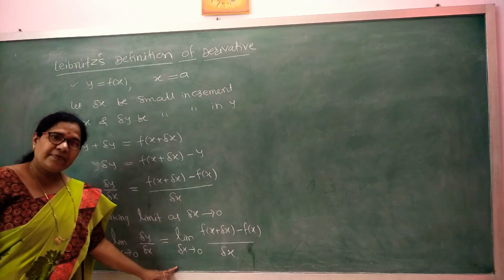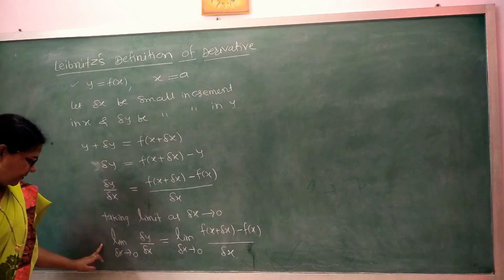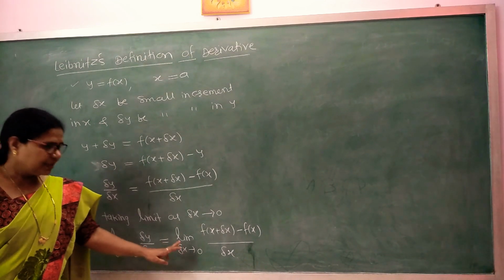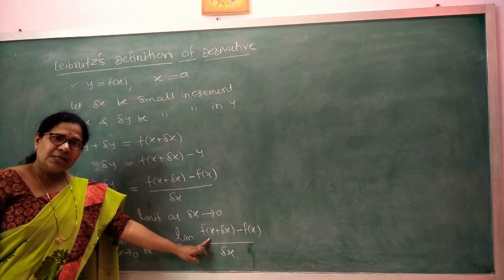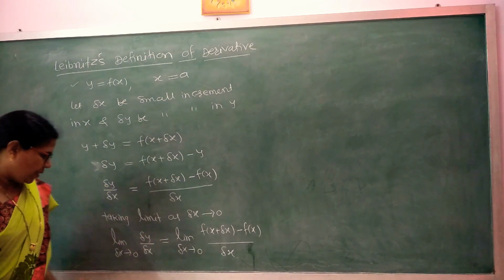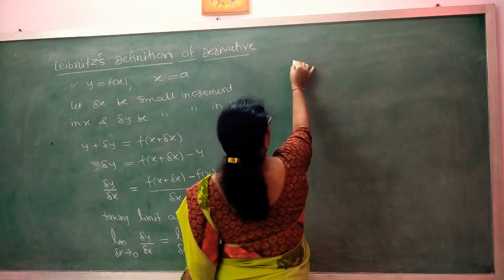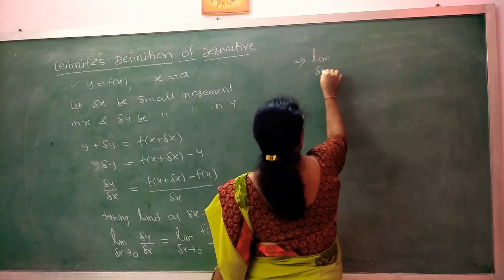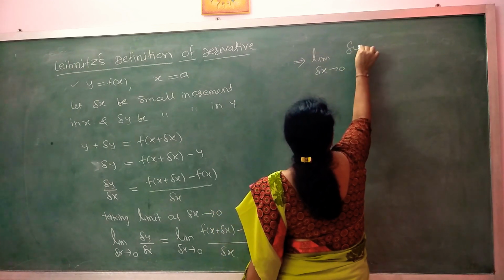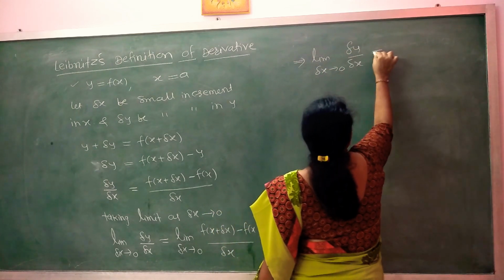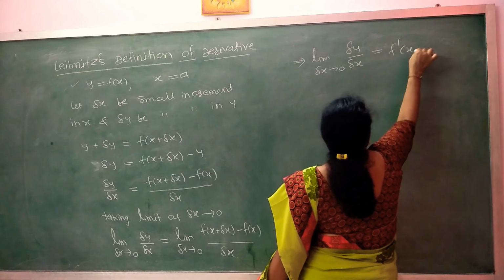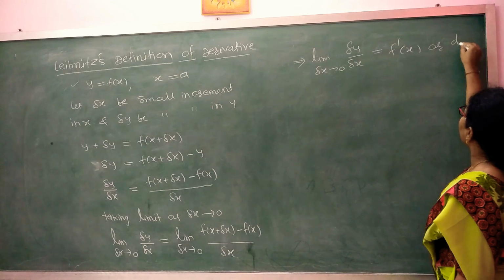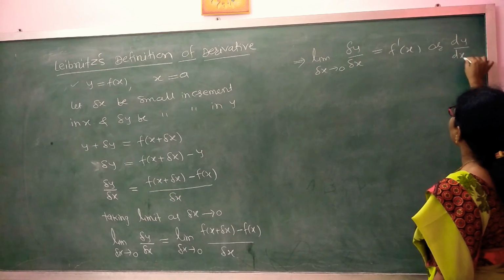That is, limit delta x approaches to 0, delta y by delta x is nothing but the derivative of the function f of x with respect to x, and this is equal to f dash of x, or this can be written as dy by dx.